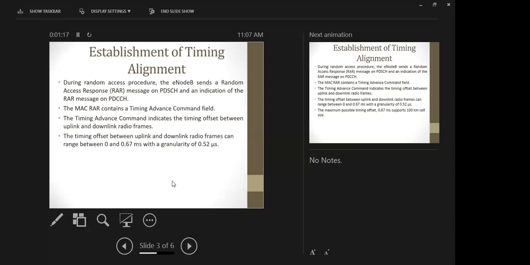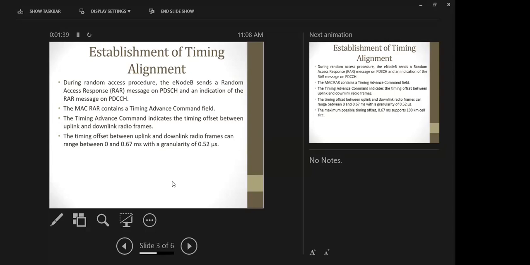If you are very close, that is the minimum. If you are at the cell edge, that is the maximum. How much it is required also depends on where you have sent.